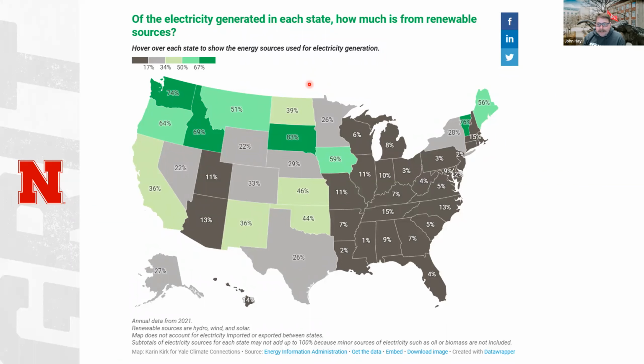But what's happening in many ways in those states is they have large amounts of hydroelectric. So with large amounts of hydroelectric and then a little bit of renewables in wind and solar, they can get very high numbers. I think maybe more importantly in this graphic are states like Iowa, and then maybe even Kansas, Oklahoma, and Texas.